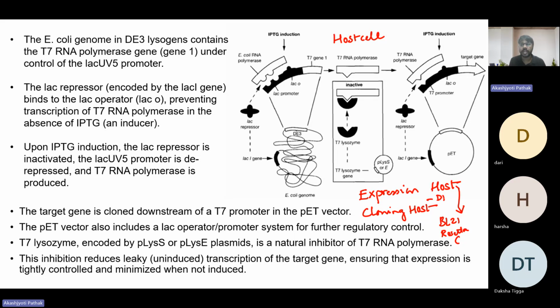So you have DH5 alpha, then there is an XL host, where only your plasmid will be maintained, but there will be no expression of the gene of interest. But an expression host has all the machinery that will allow the expression of the gene of interest. And this is the IPTG inducer.